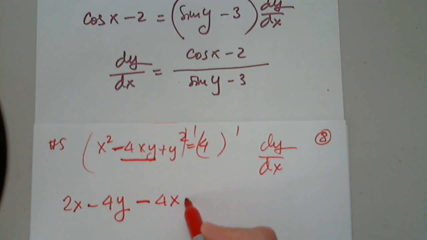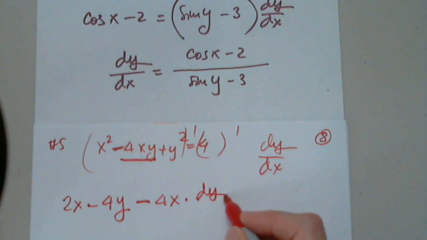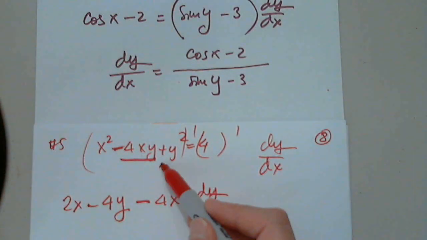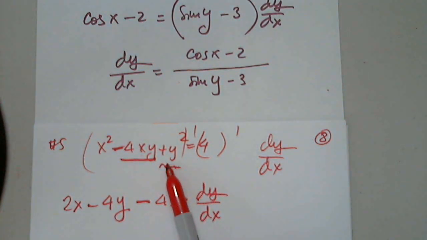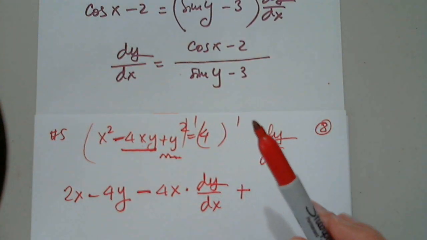So 4x times dy over dx. Yes, awesome. Now I'm here. This is a function to a power. How do I differentiate a function to a power? Differentiate the function and then differentiate its power.